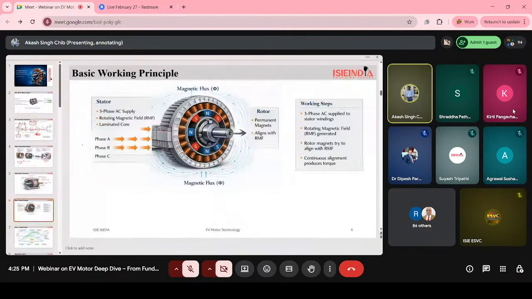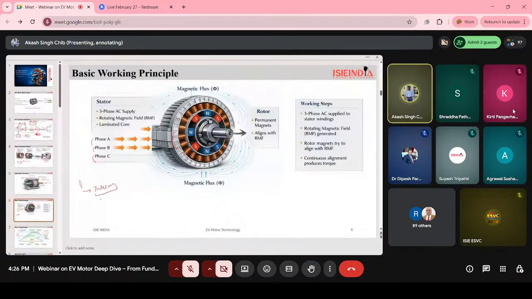Okay, you can see phase A, phase B, phase C, what it defines. Basically, this is our stator part. The stator receives three-phase AC supply. You have seen that from the battery we get the power, and from the battery there is an inverter.